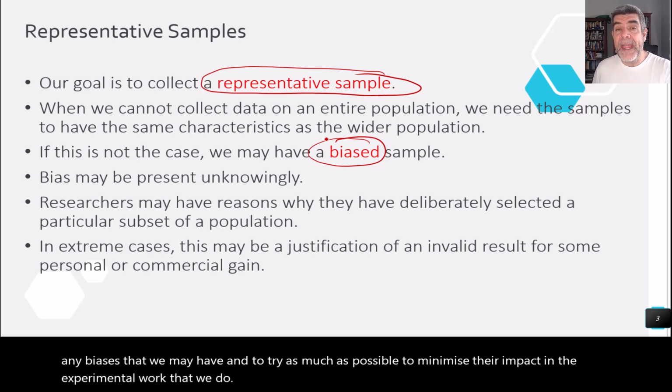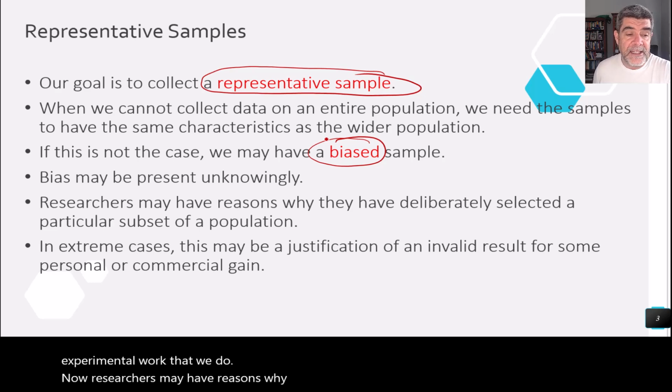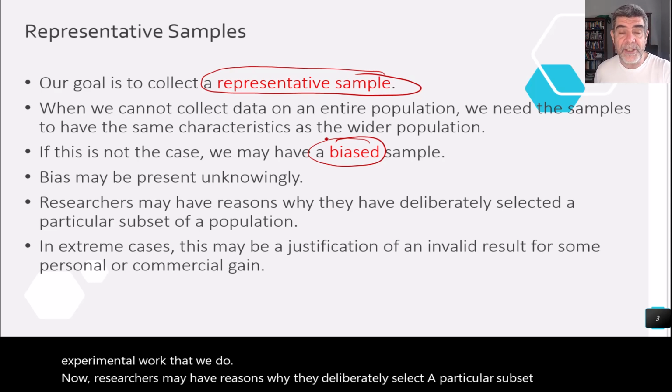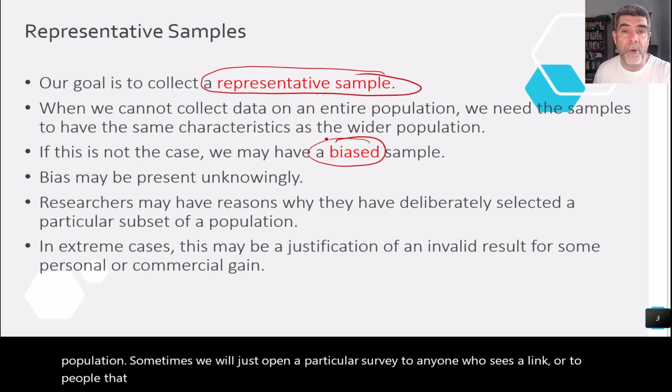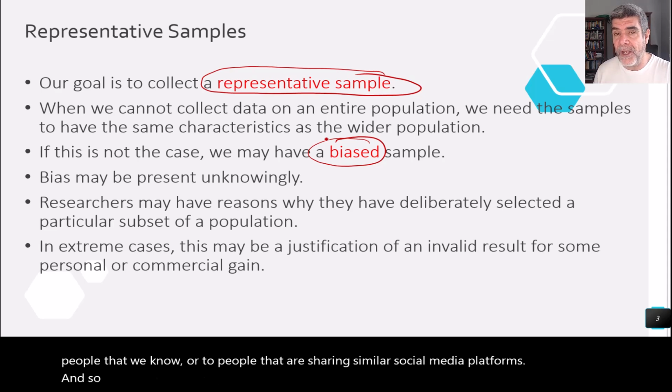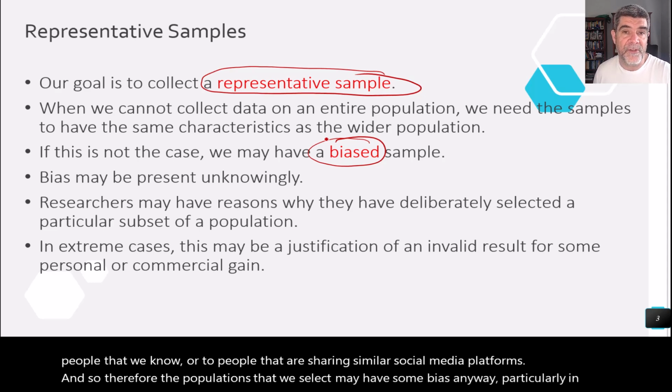Now, researchers may have reasons why they deliberately select a particular subset of a population. Sometimes we will just open a particular survey to anyone who sees a link, or to people that we know, or to people that are sharing similar social media platforms. And so therefore, the populations that we select may have some bias anyway, particularly in that form of self-selection.